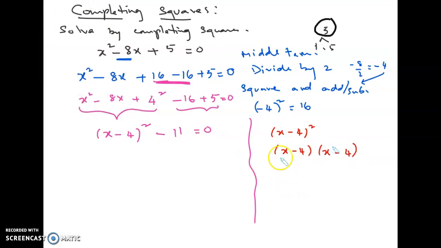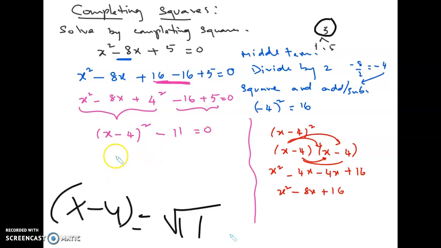If I do that, I get x squared minus 4x minus 4x plus 16. If I combine it, this is what you end up with. You see that? So that's what we have here.